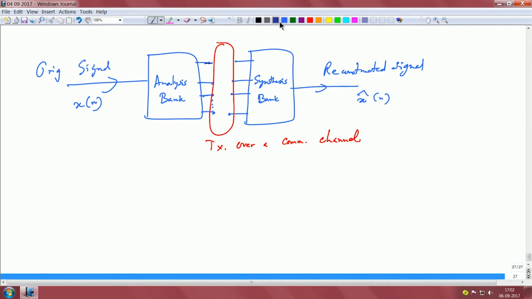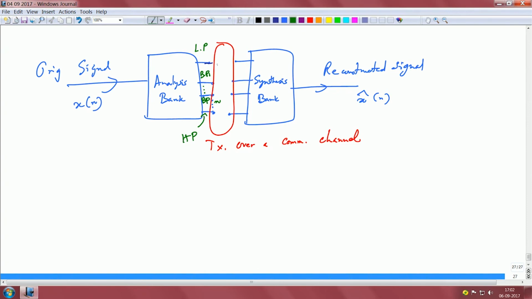This could be essentially a low pass version, and these could be band pass, BP1 dot dot dot, some band pass N, and this could be our high pass. And depending upon the information content in each of the bands, I may have to choose my bit rate in such a way that I can throw away certain samples in each of the bands.